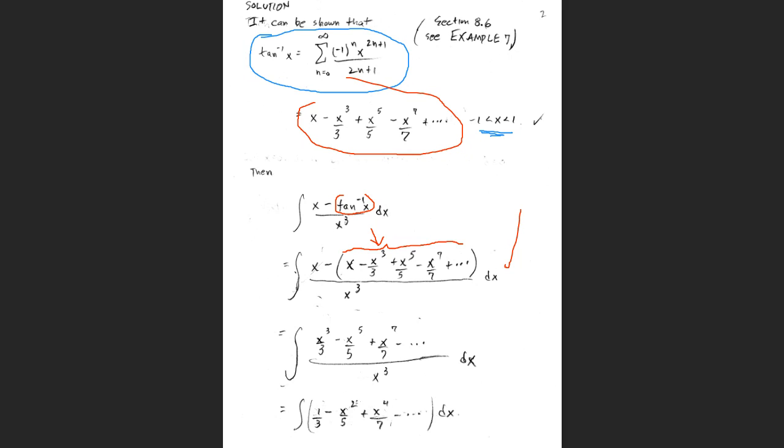Let me just, so you understand what I'm doing here, I'm replacing the arctangent with its power series. And that power series comes from example 7 in the textbook, section 8.6.